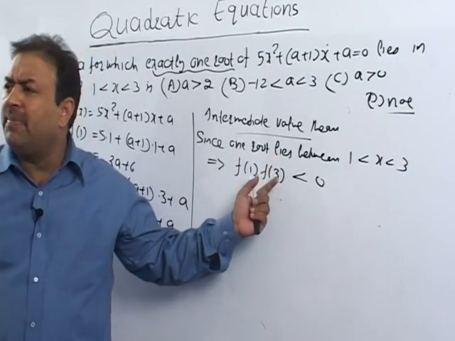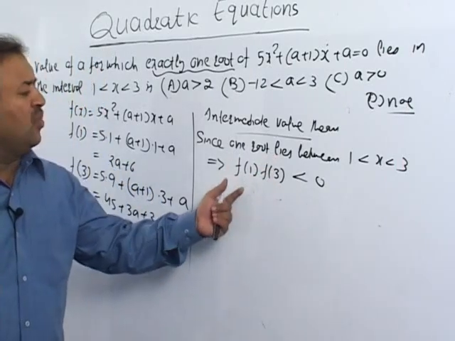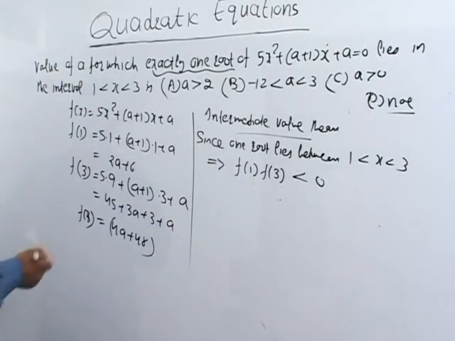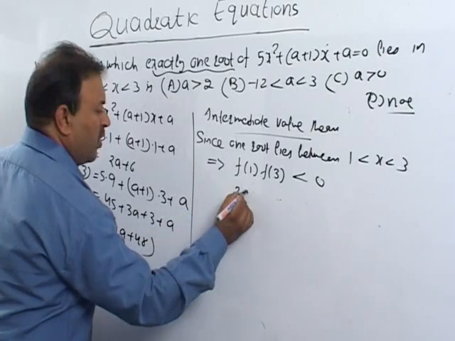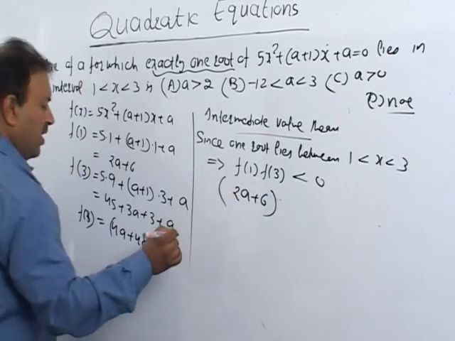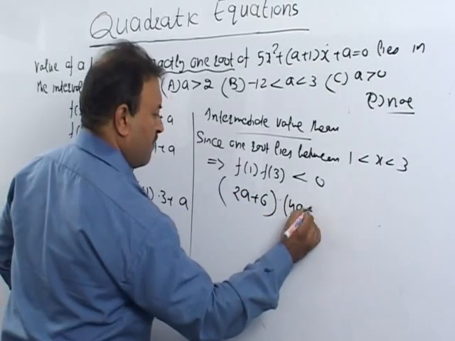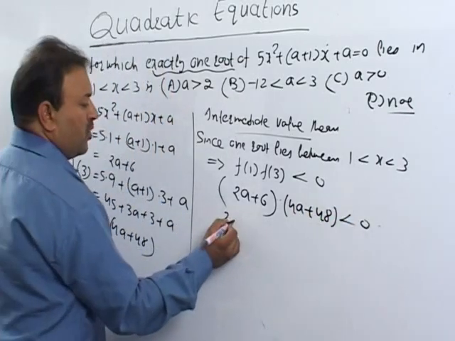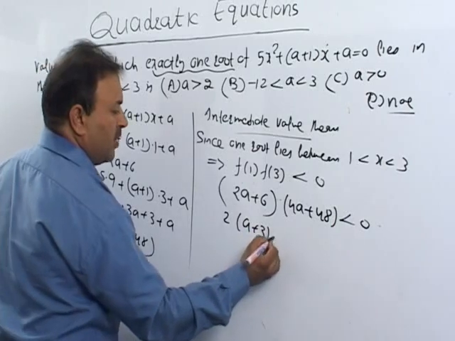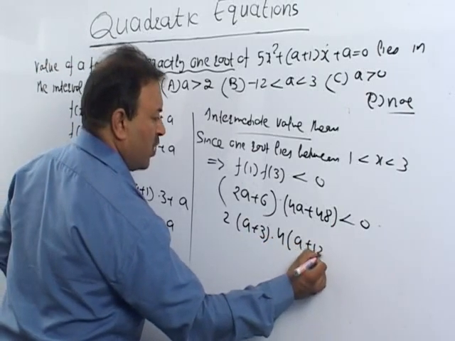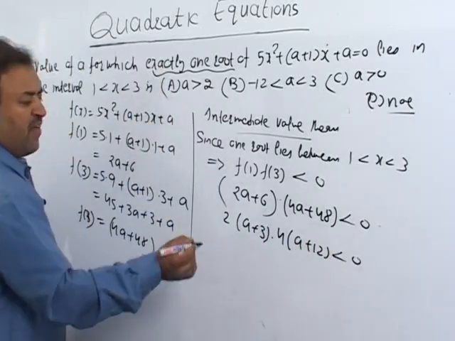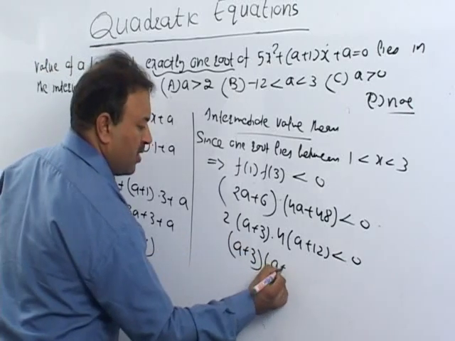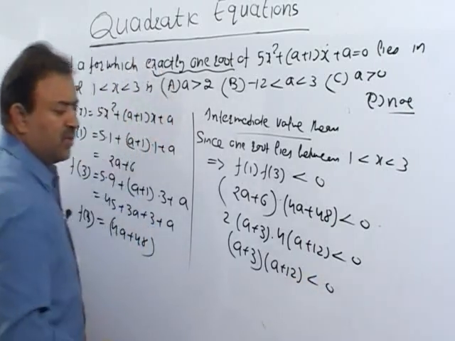That means (2a + 6) into (4a + 48) is less than 0. Taking common factors, 2 into (a + 3) into 4 (a + 12) is less than 0. Divide by 8, (a + 3)(a + 12) is less than 0.